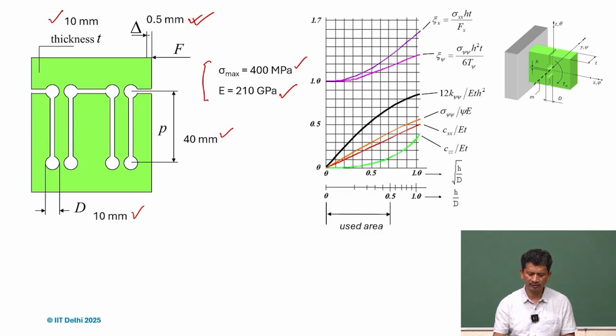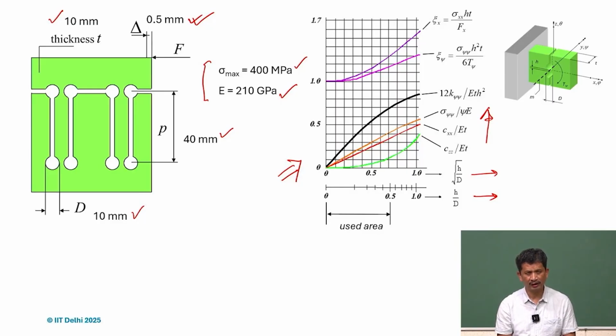and the other performance characteristics, for instance the stiffnesses. We might be interested, and as I mentioned, we have charts to use. There are non-dimensional parameters along the y-axis, and on the x-axis we have the square root of h by d, or h by d. For most calculations it should be good enough, we can use it.